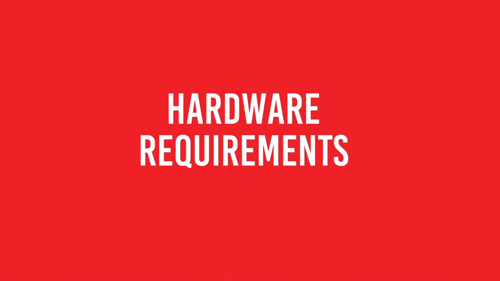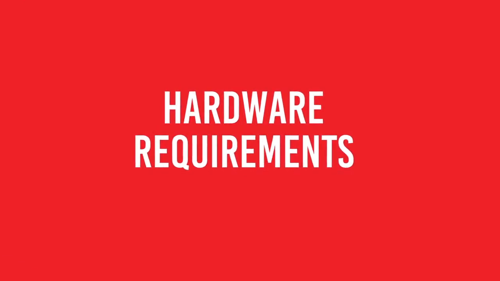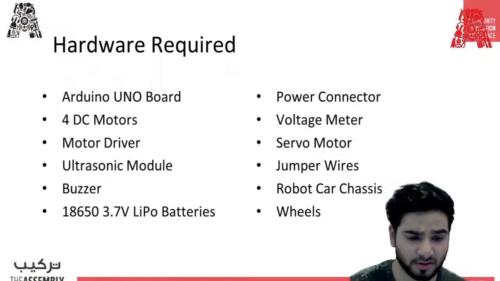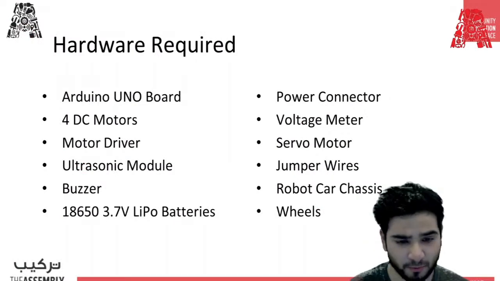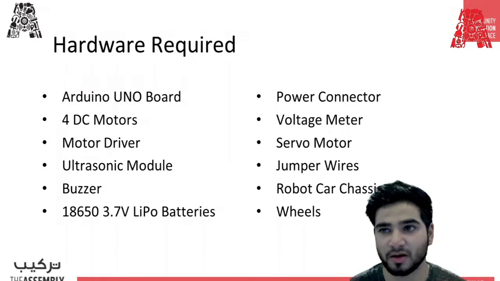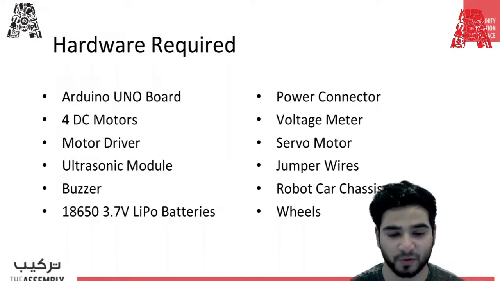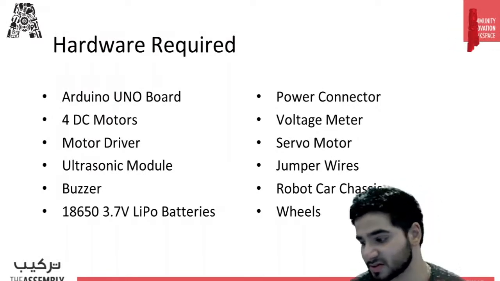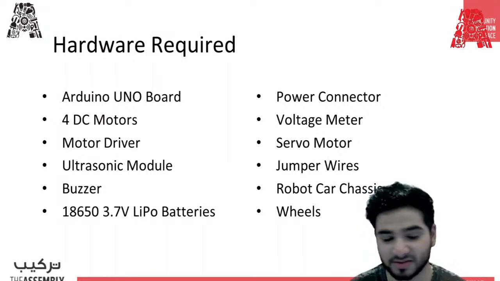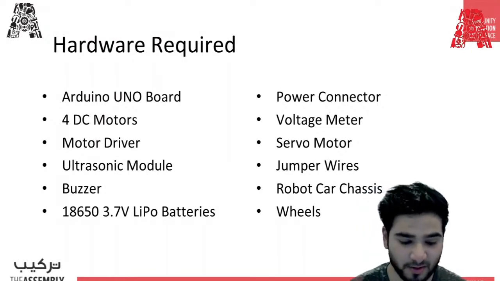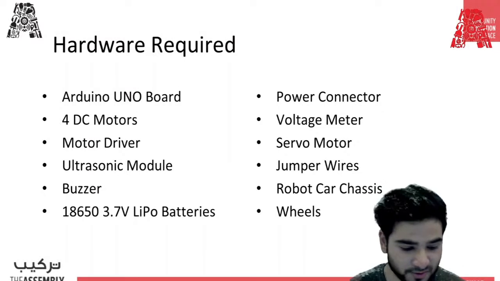So now I'm going to talk about the hardware required. So first, there is obviously the Arduino UNO board, which is the best board to get started with if you're a beginner with coding and making new projects. It's very robust.